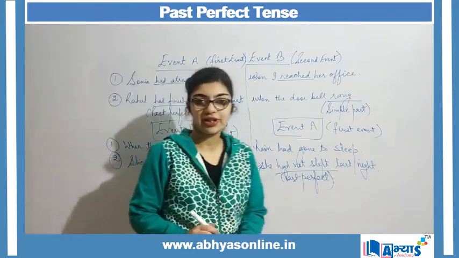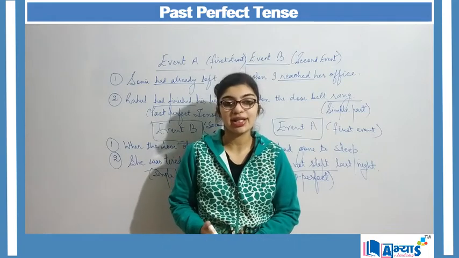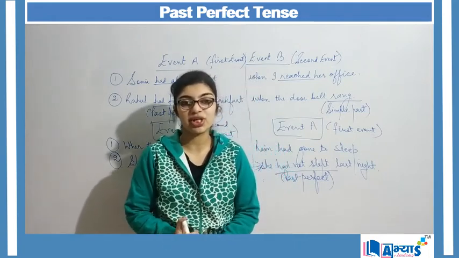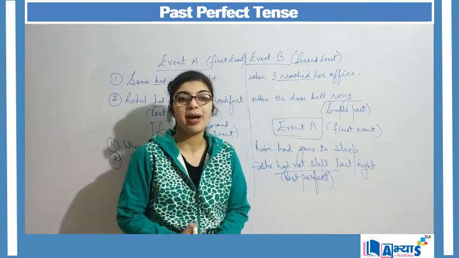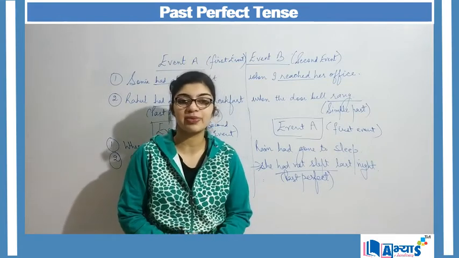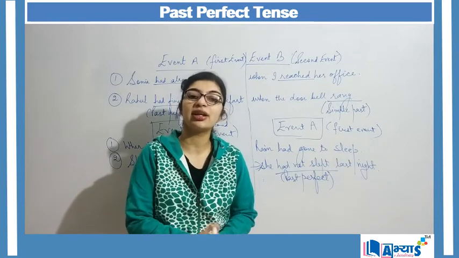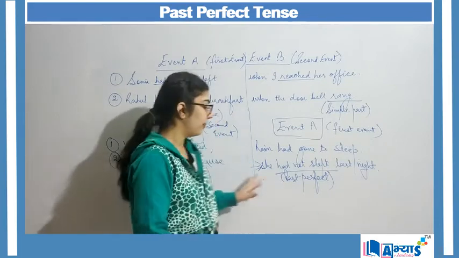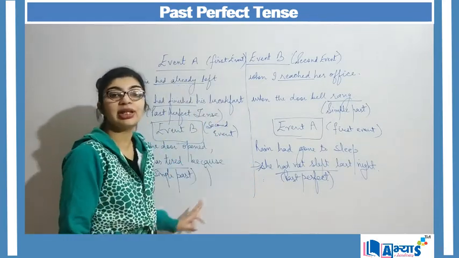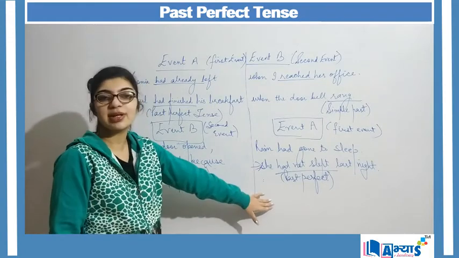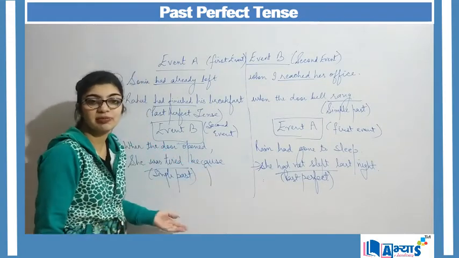So, in this video, we have discussed and learned the tense which is past perfect tense. Past perfect tense is used to represent that the first action has taken place before another action in the past. Both the events have happened in the past. It's not like the first event is happening in the past and the second in the present.